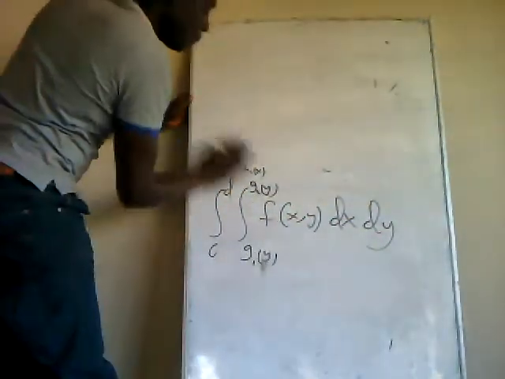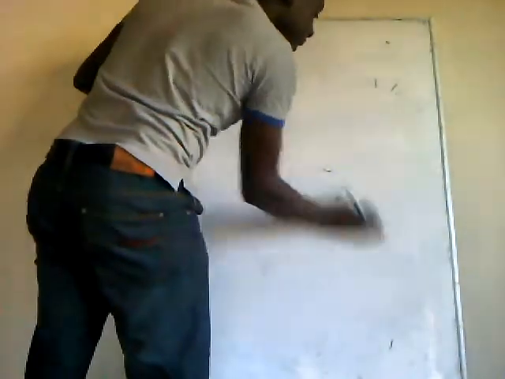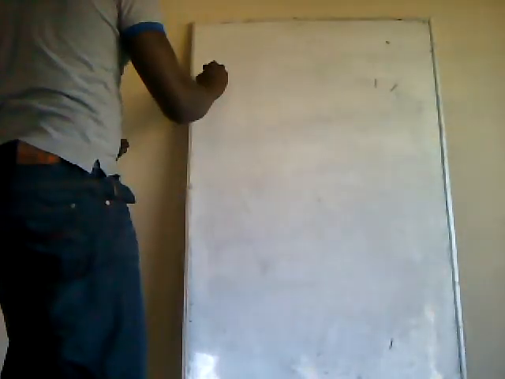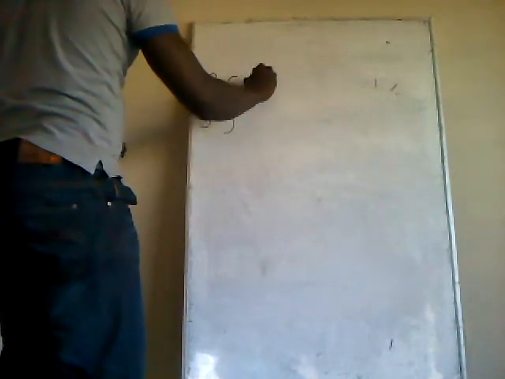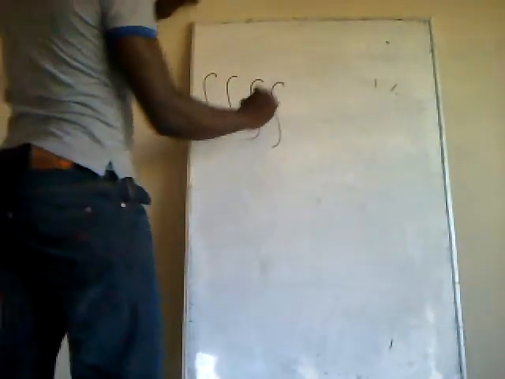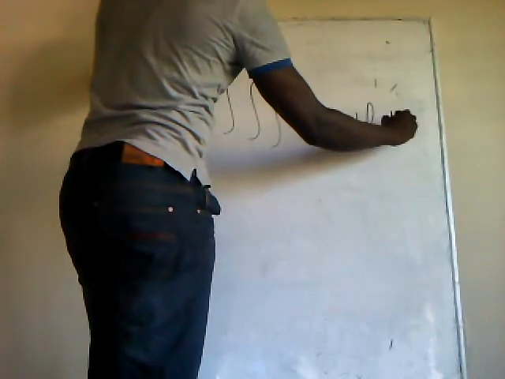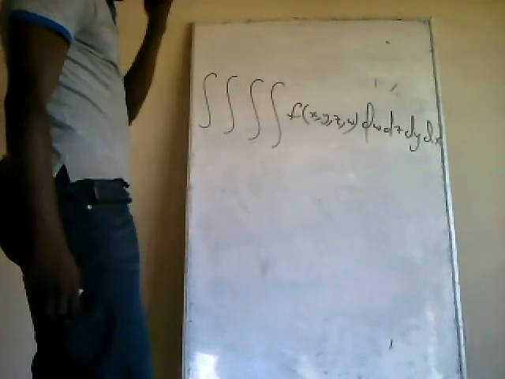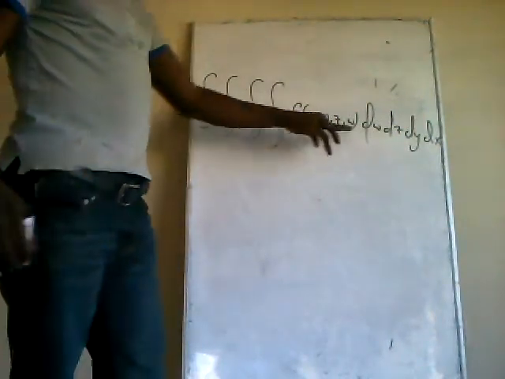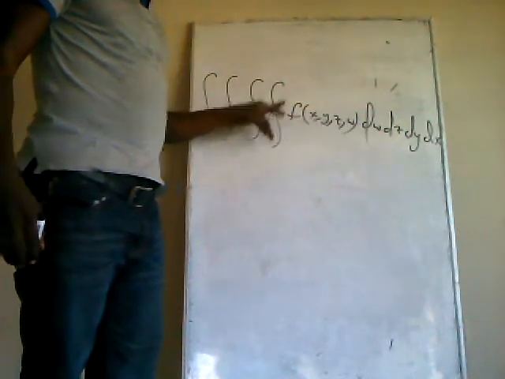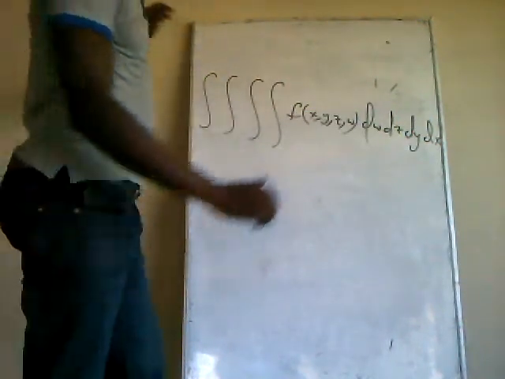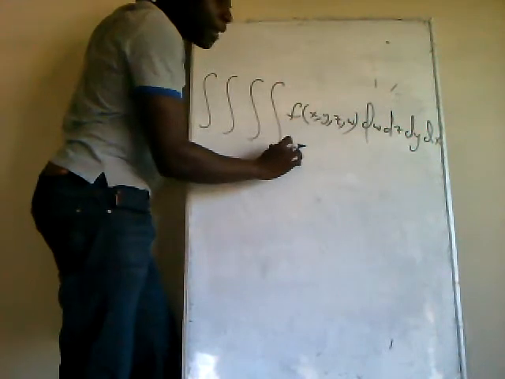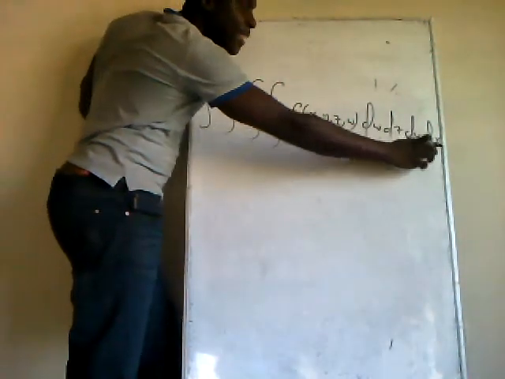Let me clean the board so that you understand clearly. Assuming I have the integral of f(x, y, z, w) dw dz dy dx. Because this dw corresponds to the inner integral, the limits here should be functions of x, y, and z, without w.